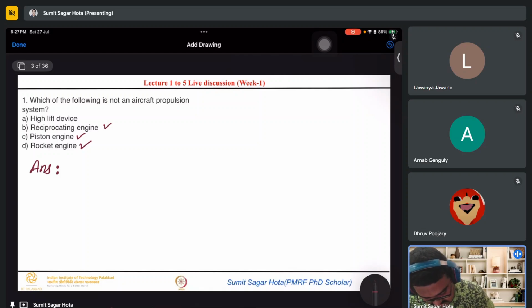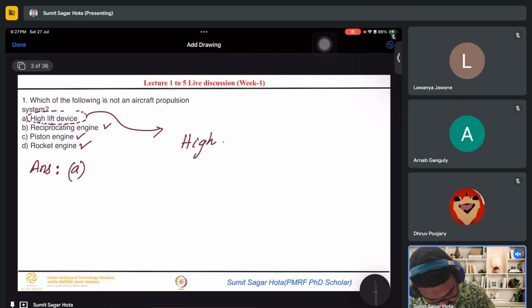But there is no such device as a high lift device in propulsion. This is not an aircraft propulsion system. So what is this? We have to see it now.